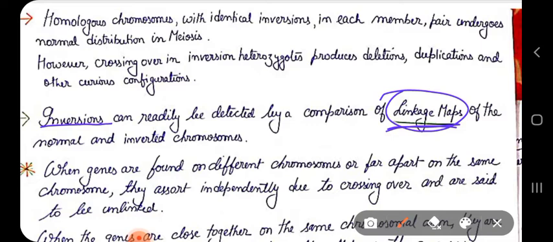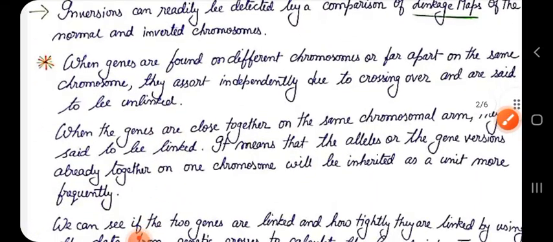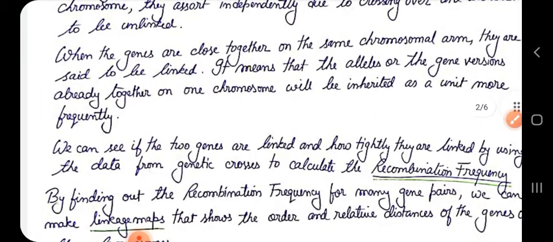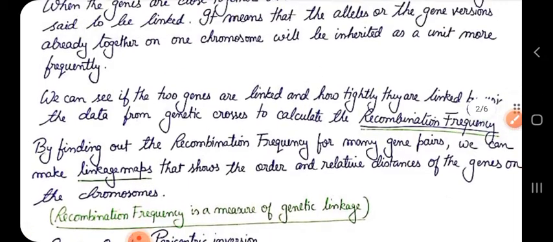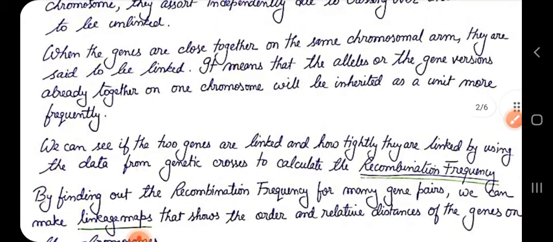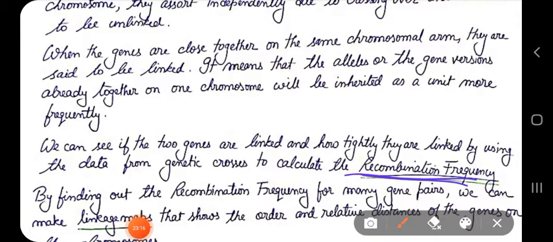With the help of a linkage map we can find out the inversion, because in inversions the arrangement of genes will be in reverse order. We are able to calculate and see them. So just go through what is written in this part that I have explained.